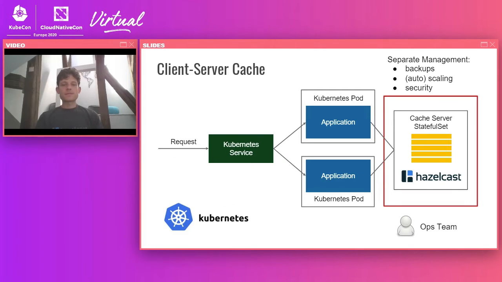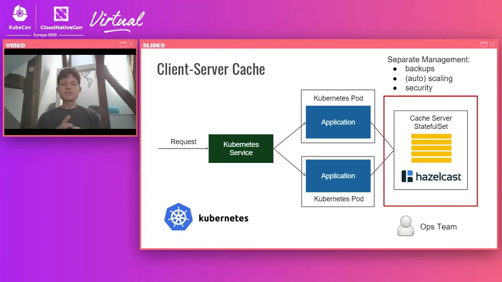Now, all good. We have server as a separate thing on our diagram. We can manage this. Now, if you think about it, usually in a big enterprise, this cache server will be managed by a separate team.